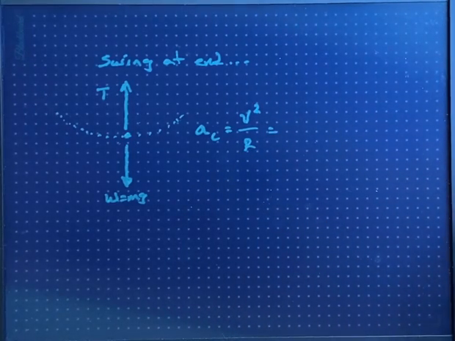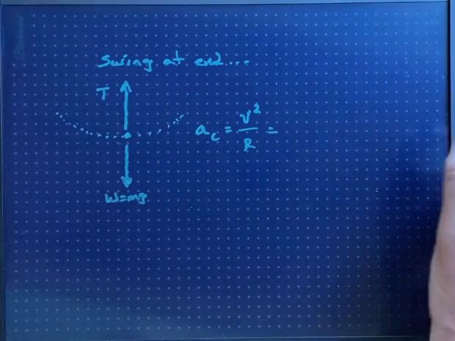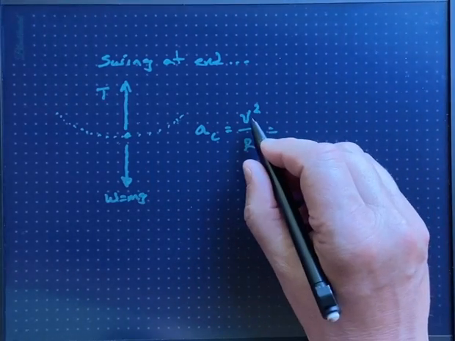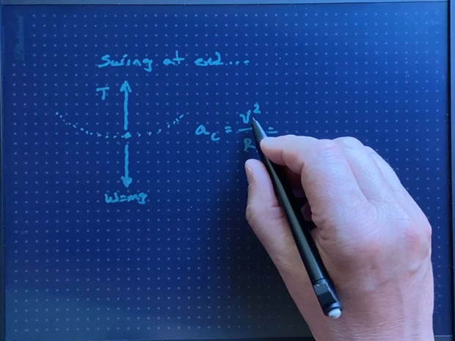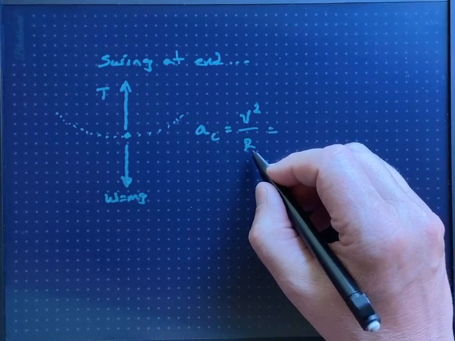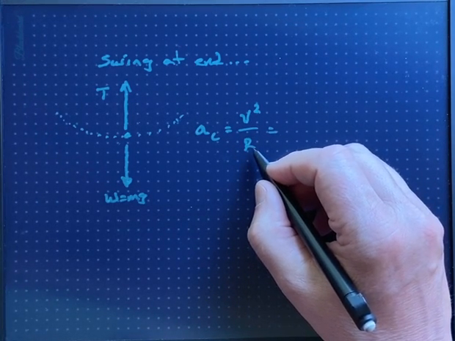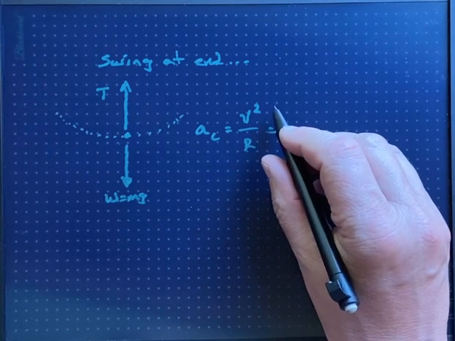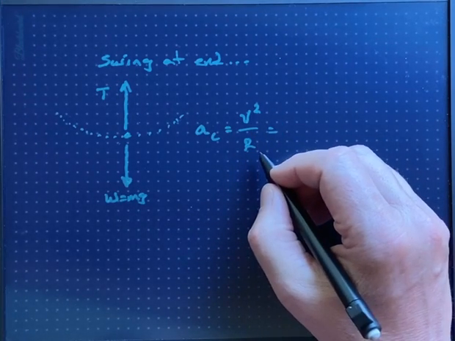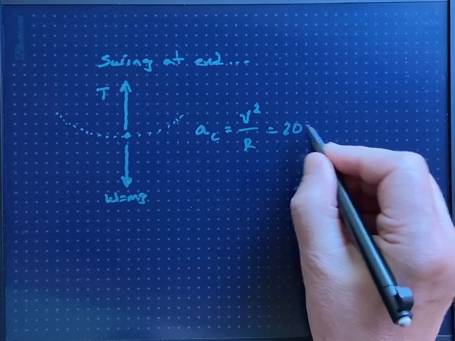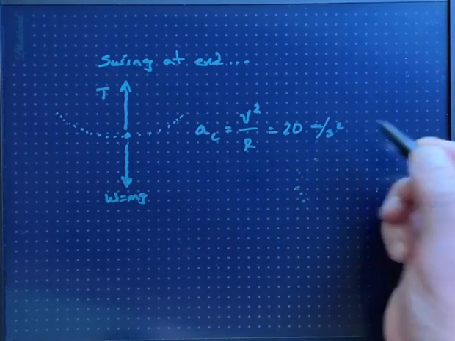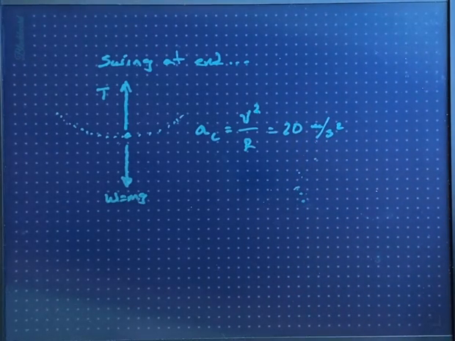So what does that turn out to be? Well, we said at the end of the rope that the speed was 10 meters per second and the rope was 5 meters long. So v squared over r, 10 squared is 100, divided by 5 gives you 20 meters per second squared. So that's the acceleration at the end of the rope.